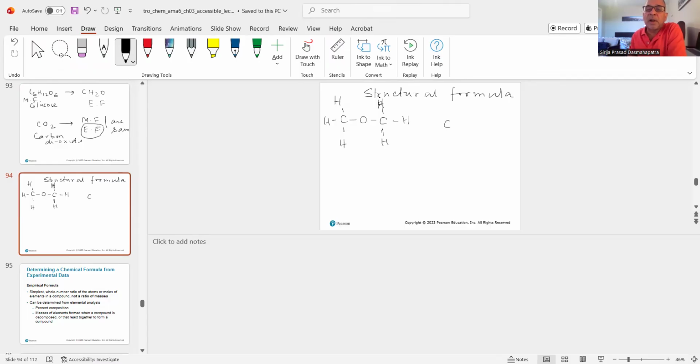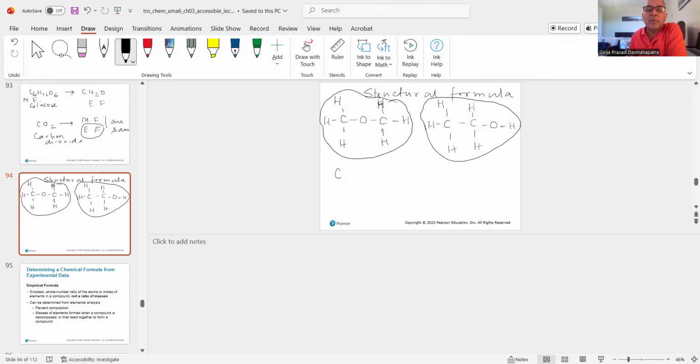And the second compound, I will write it down like this. If you count these two separate compounds and write down how many carbon, hydrogen, and oxygen are present here, you will find they have 2 carbon, 6 hydrogen and 1 oxygen.